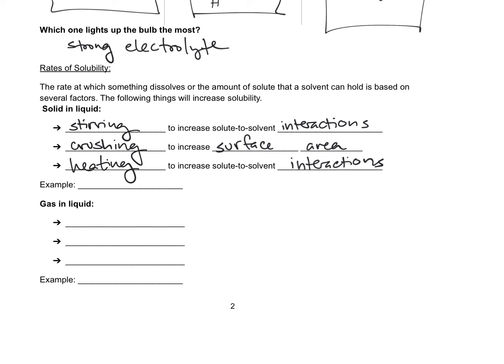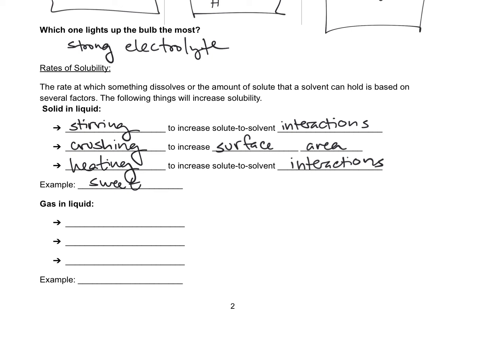So if the particles are moving a lot faster, the solute and the solvent interact more because they're getting around better. So those interactions are increased, meaning it can dissolve a lot faster. So for the example here, sweet tea is a good example.